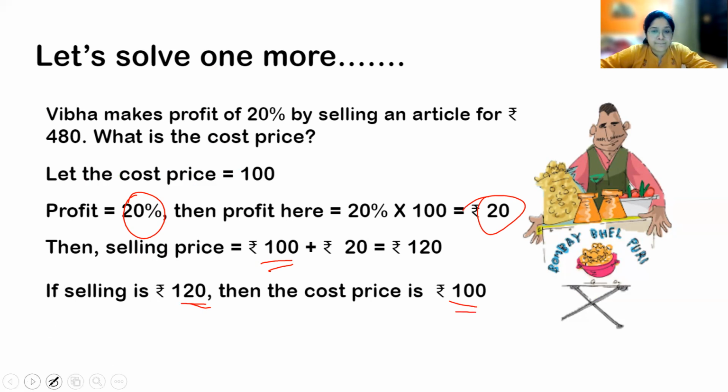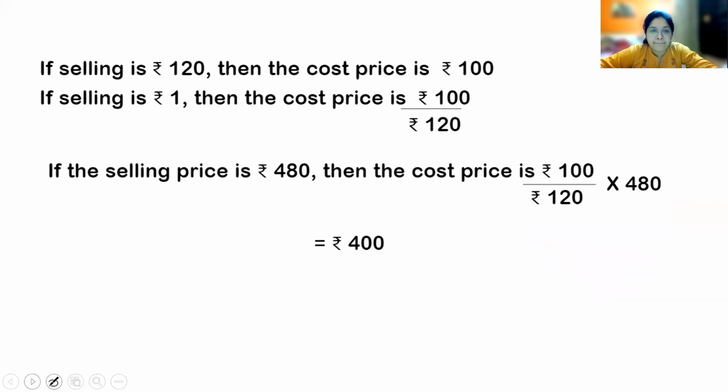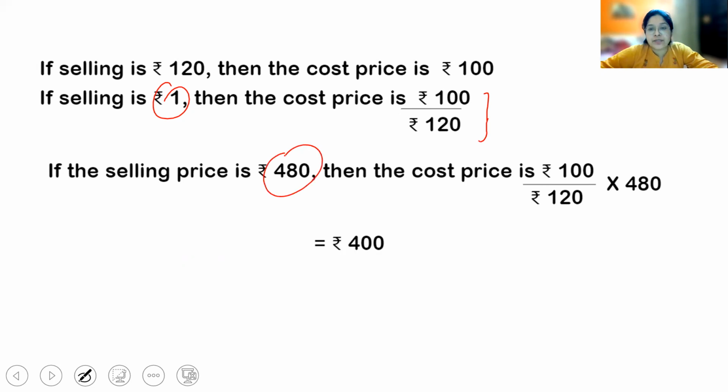So if the selling price is rupees 1, the cost price will be 100 divided by 120. If the selling price is 480, then the cost price will be 100 divided by 120 into 480, which is equal to rupees 400.